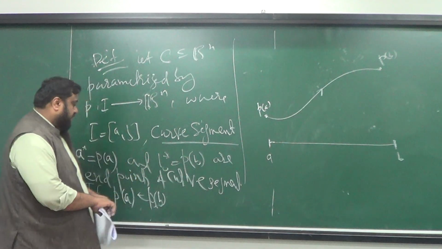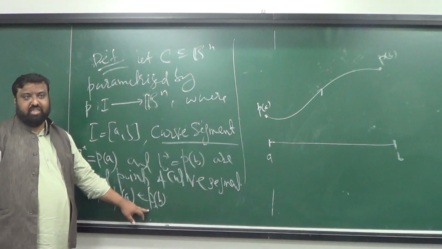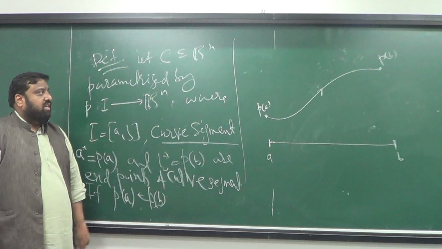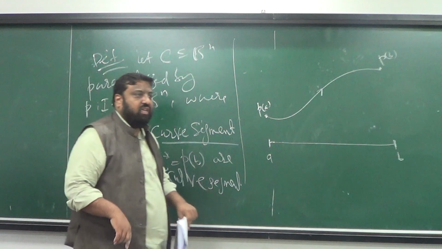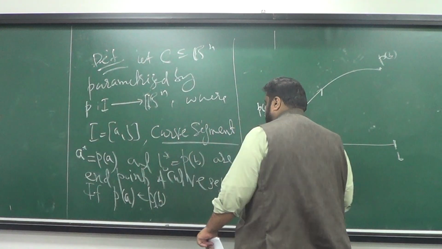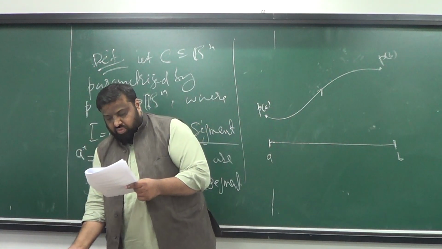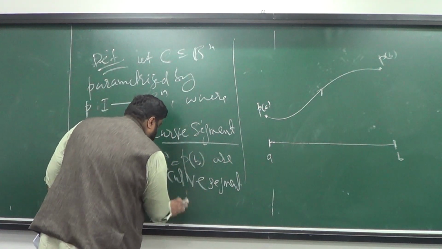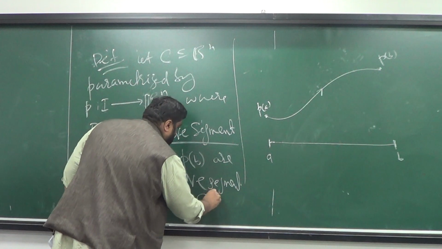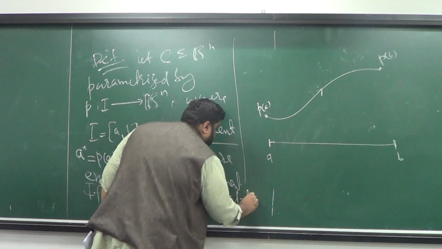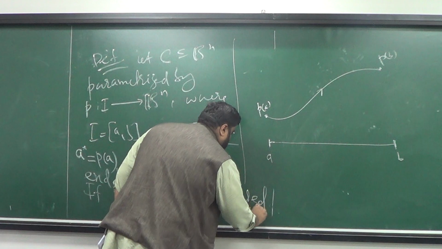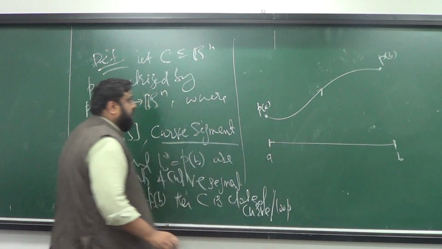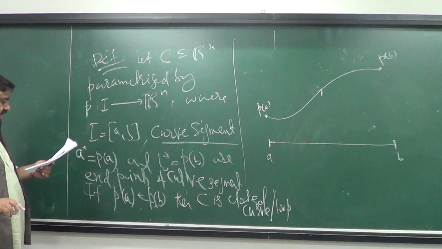So if the terminal point and the initial point are the same, so you started from somewhere and went on and returned back, you're going to call it a closed curve, or maybe a closed loop. Then C is a closed curve. You can also call it a loop.